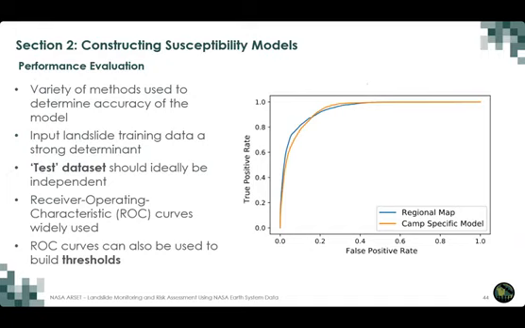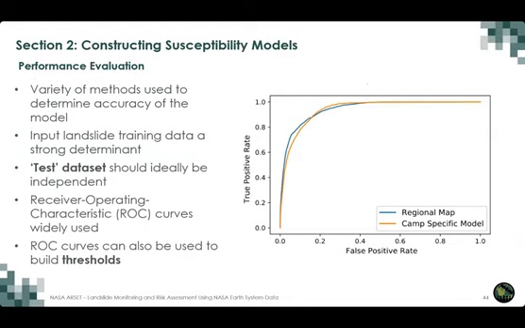And so the overarching point here is that to test how well a model is performing, ideally what you want is an independent data set of landslide locations. So if you only have access to, for example, one landslide inventory for your location, you would subset that, typically 70-30 is a good split, build a landslide model using 70% of the landslides, and then 30% of the landslides you would retain to assess the performance of that model.